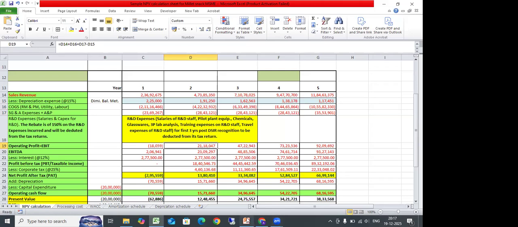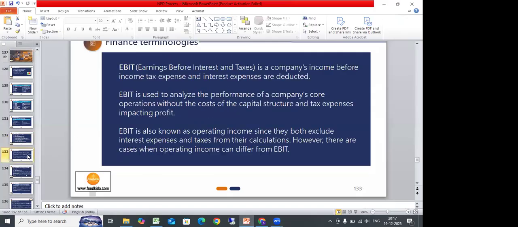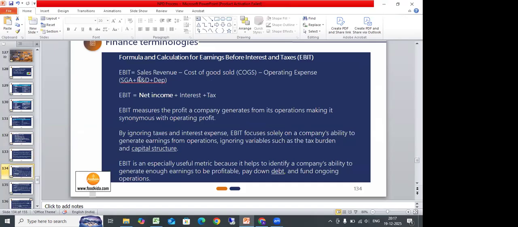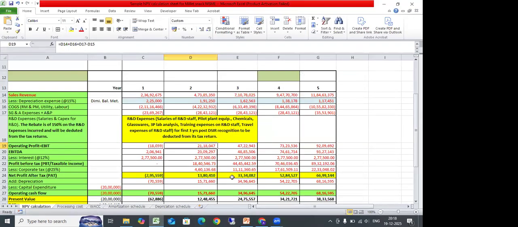Just to make it clear, what is EBIT? EBIT is the company's income before income tax expenses and interest expenses are deducted. The formula for EBIT is sales revenue minus cost of goods sold minus operating expenses. That's how we have calculated it.